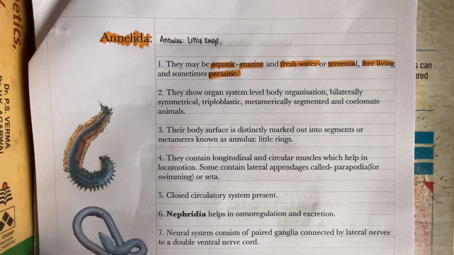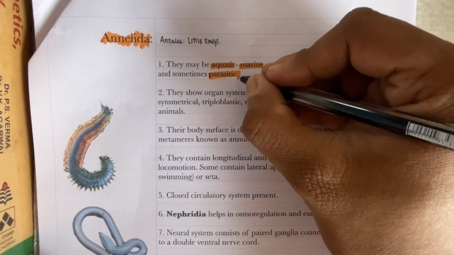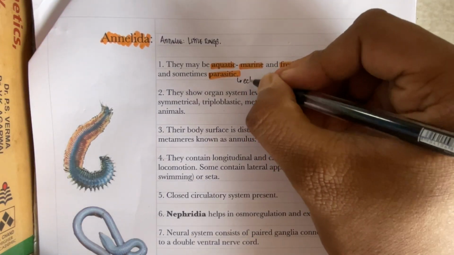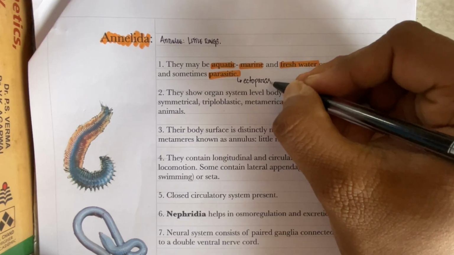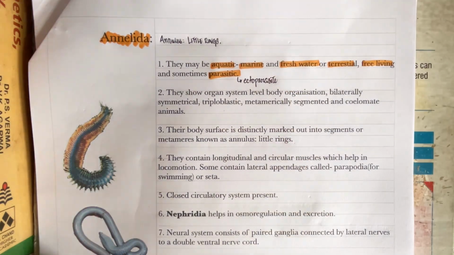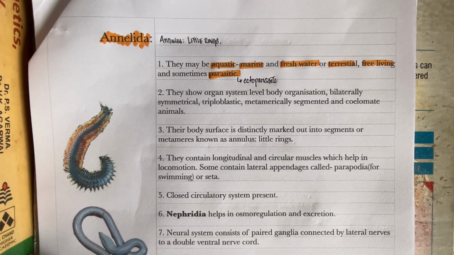Yes, some of these annelids are parasitic in nature. But what kind of parasites are they? They are ectoparasites. That means they are present outside the body and they hang upon an organ. They take the nutrition from them. Once they are filled up, they release the body.